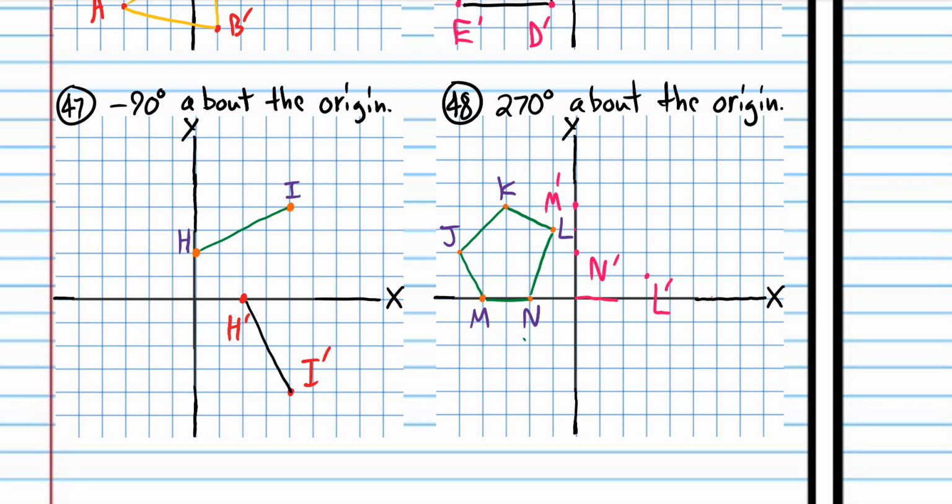Rotate that, and you have 1, 2, 3, 4, 1, 2, 3. That's K prime. And then J, we go 1, 2, 1, 2, 3, 4, 5. So you rotate that, and you go out 2 and up 5. Out 2 and 1, 2, 3, 4, 5.